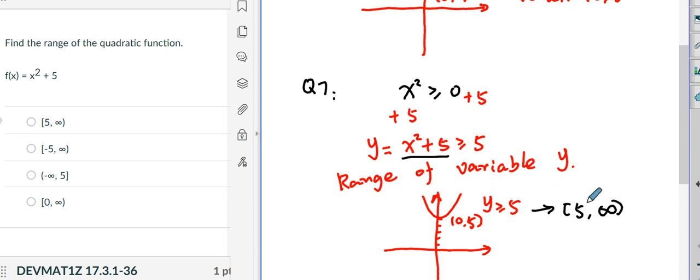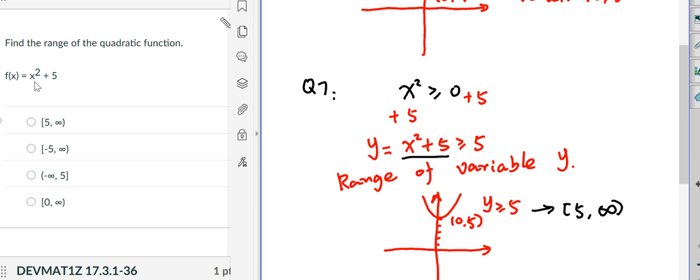So in this case, it doesn't matter which value you plug in here for x, you can never get a value y which is less than 5. So that's why we say here the range. The range means not the range for x. Range is the range for y variable, for this function.